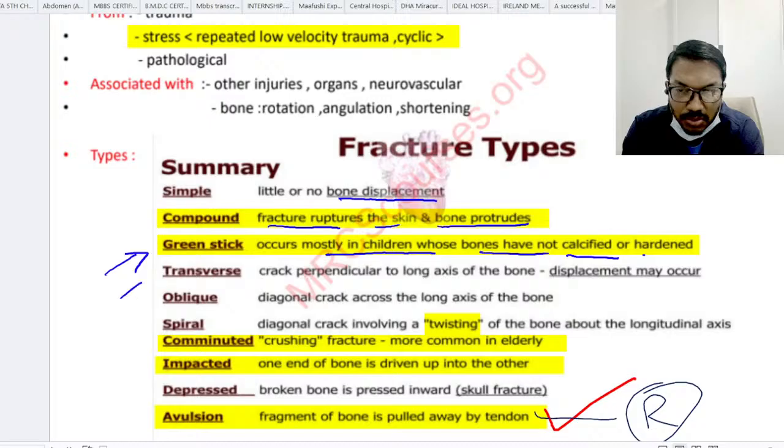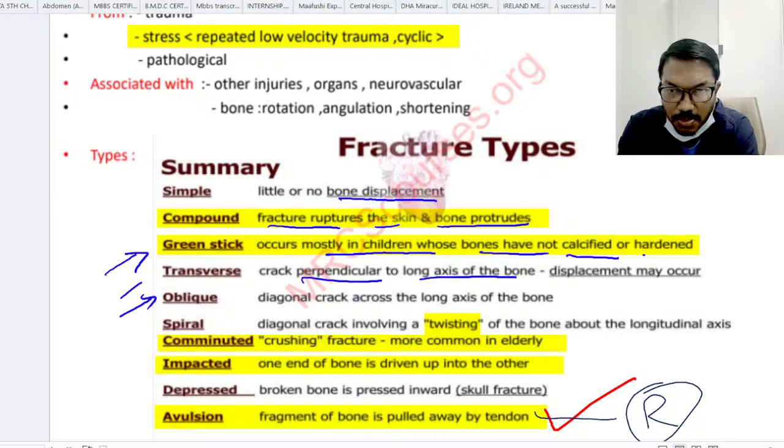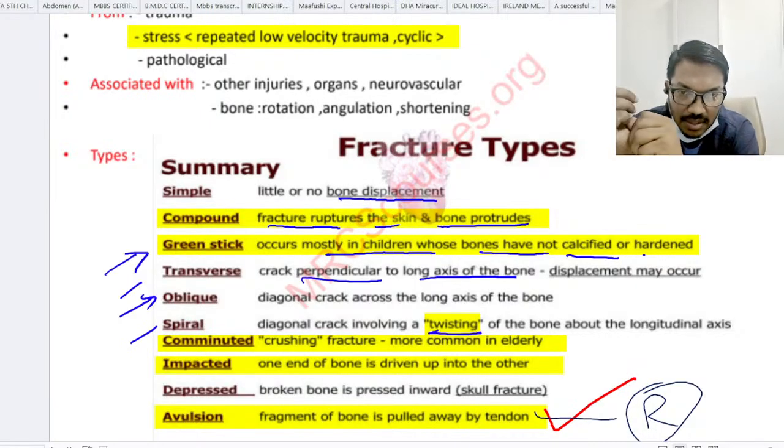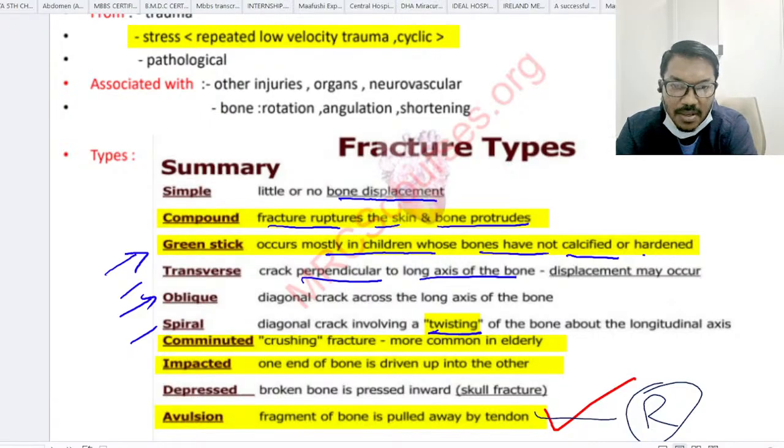Transverse fracture, according to fracture location: cracks perpendicular to the long axis of the bone. Displacement may occur. Oblique fracture is also the same, just due to their fracture position. Spiral is the same. It happens due to twisting. It looks like a spiral shape. Comminuted means more than two fragments.